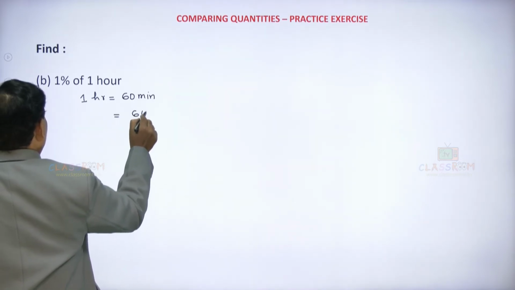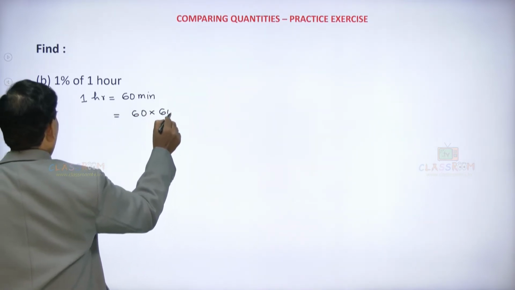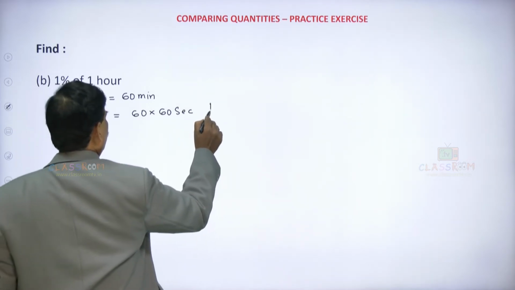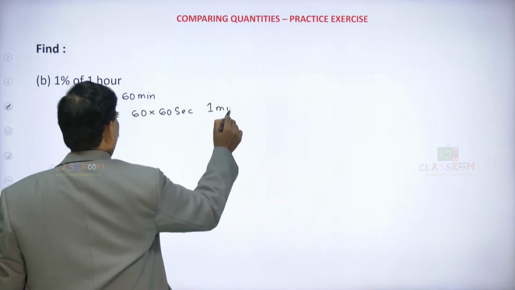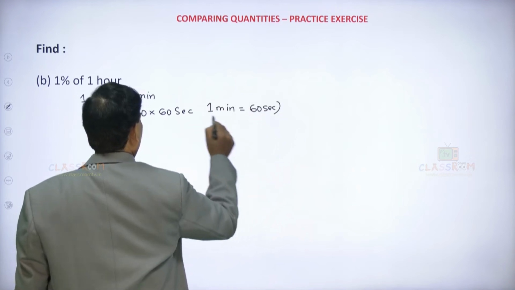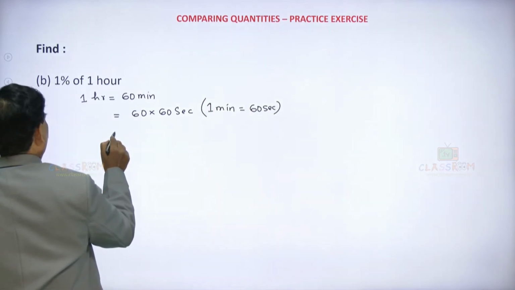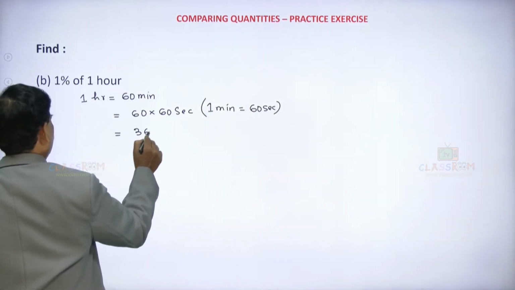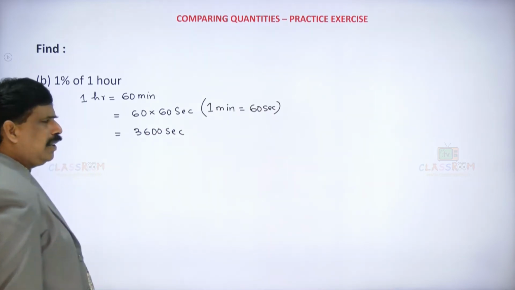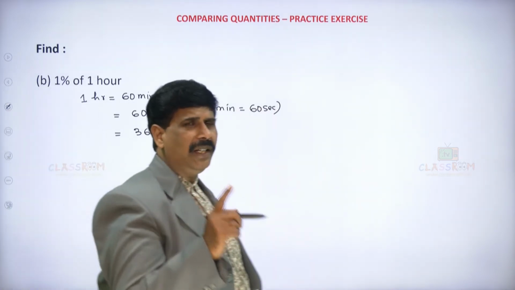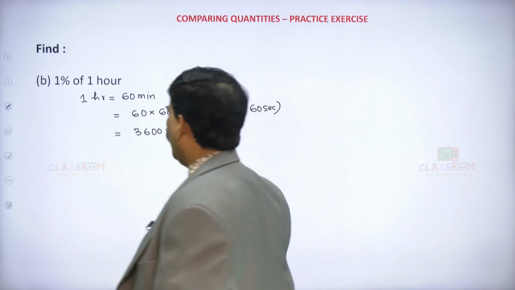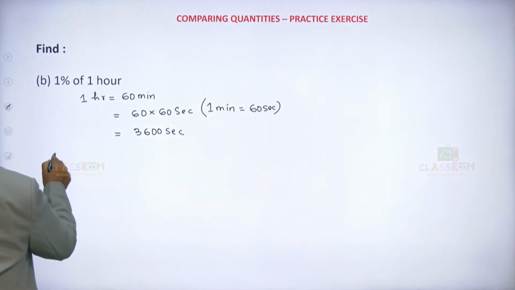So now 1 minute is equal to 60 seconds. So 1 hour is 3600 seconds. If we multiply, 6 6s are 36, 0 0. So remember 1 hour is 3600 seconds. So now what is asking here?